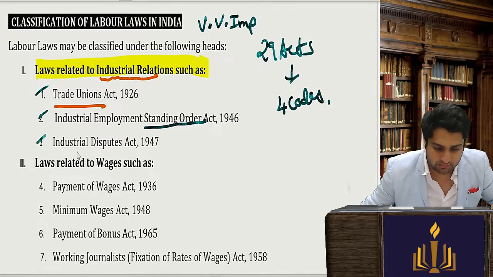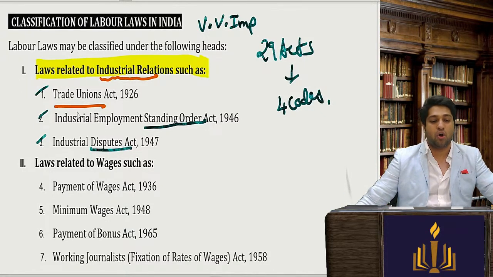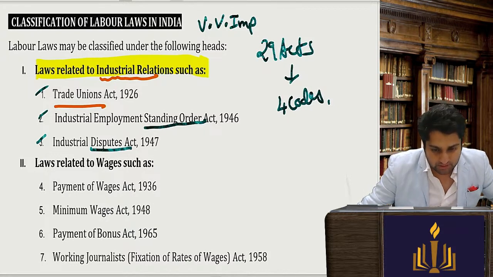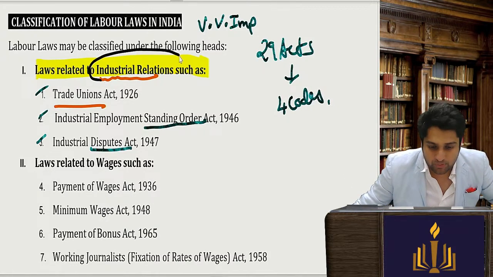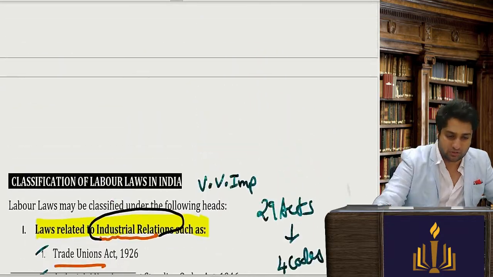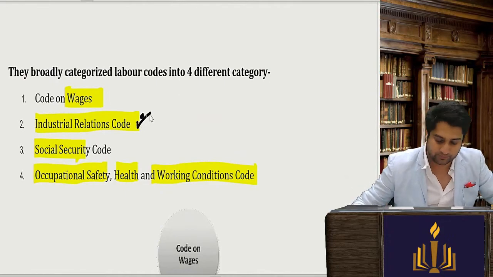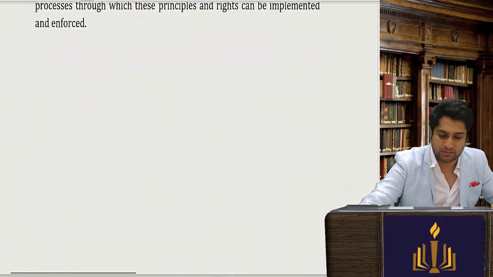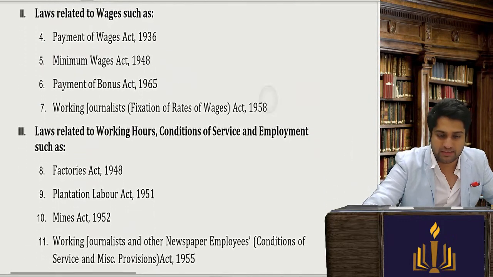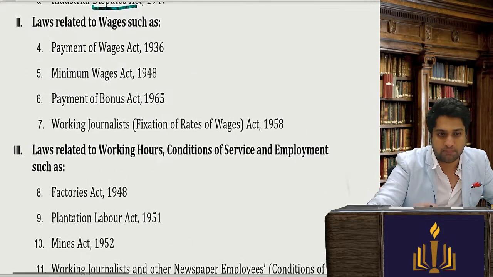And third is the major act, the Industrial Dispute Act. All these have been subsumed to become one law, which is your Industrial Relations Code. The next laws we will see is the Wages Act, the Wages Code, payment of wages.